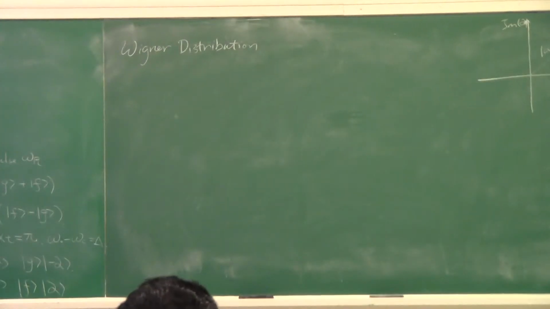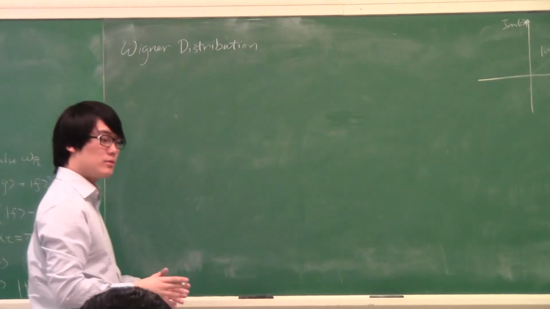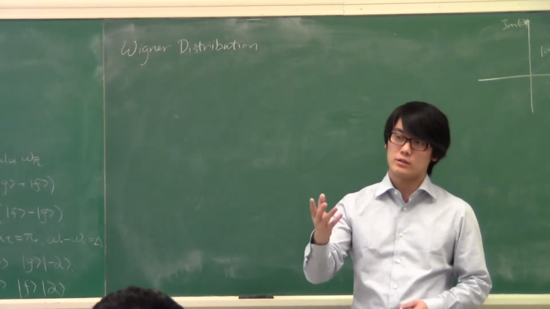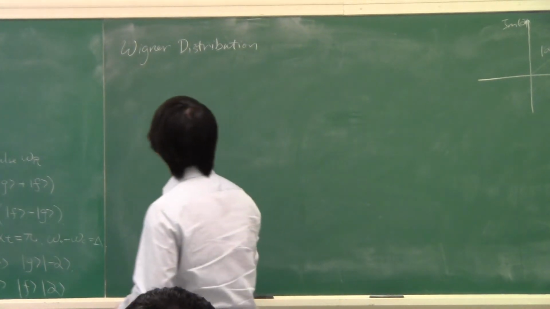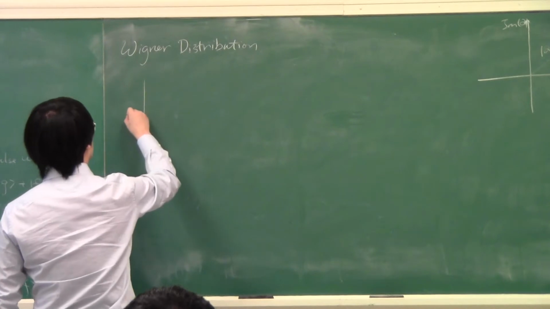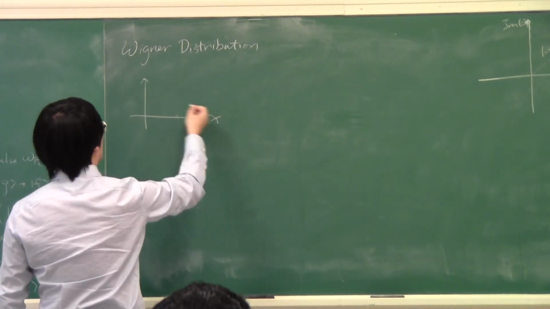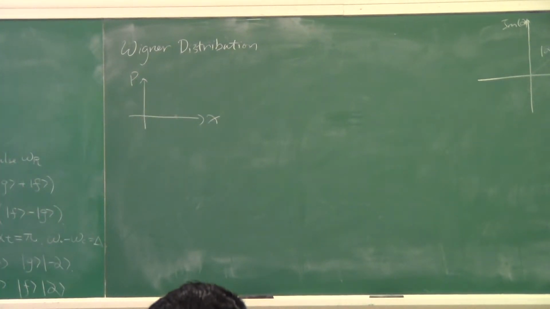In classical statistical physics, there's something called a phase space description, and it has to do with the classical probability of the state being in a certain spread, a certain profile in the phase space. The phase space is something like this: if you have a single variable x and its momentum p, you represent the state onto this space.